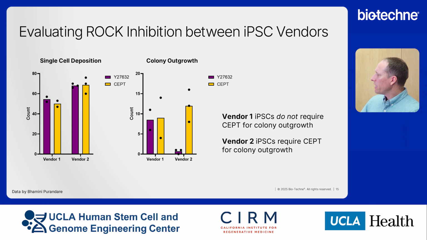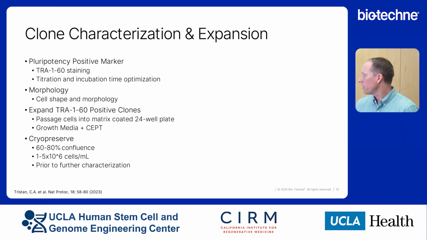Whereas the other cell line almost did not grow out at all with the Y27632 compound, but did have a significant number of clones with the CEPT cocktail. So again, showing you some of the variability that you might experience with your iPSC cultures, and having the CEPT cocktail gives you that other tool to help you to improve the outgrowth of your cell lines.